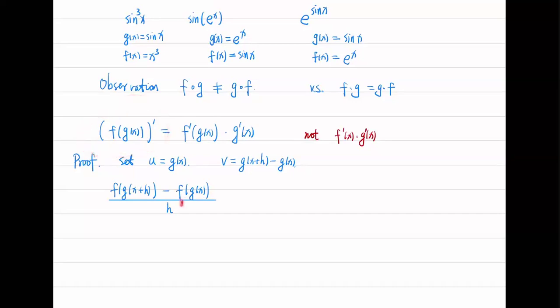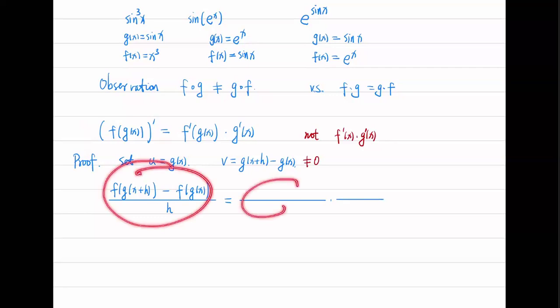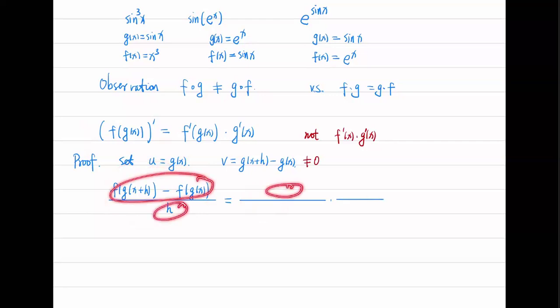Now we will do some manipulation. We will work under the assumption that this is not zero. We will see what happens if it is zero, but at the moment, let's assume it's not zero. This one quotient, I will split into two quotients. I will copy the numerator to the first one, the denominator to the second one, and put something common in between.